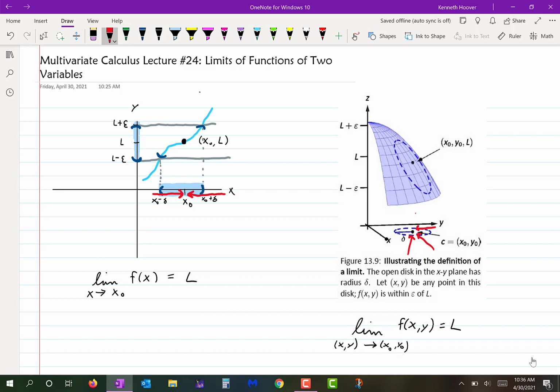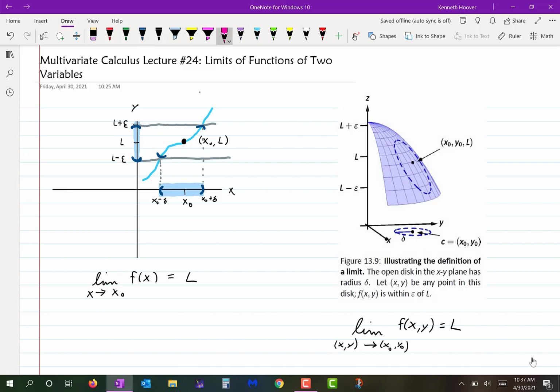Even some ways like this. Doesn't even have to be a straight line. Okay, so that makes this much more complicated computationally. The idea is 100% the same. The computation's much more difficult. And for that reason, we're not going to really do much computations. But nonetheless, I want you to understand that.